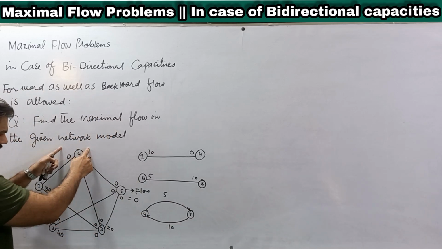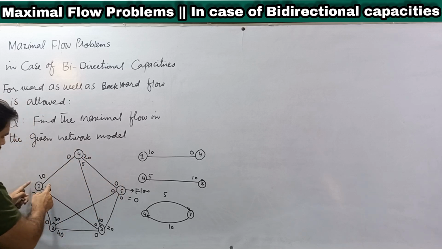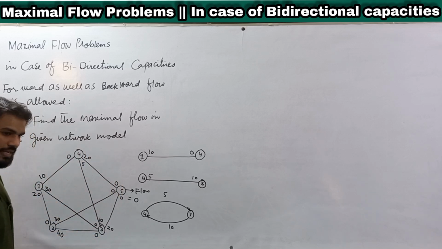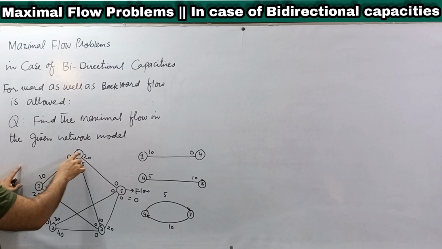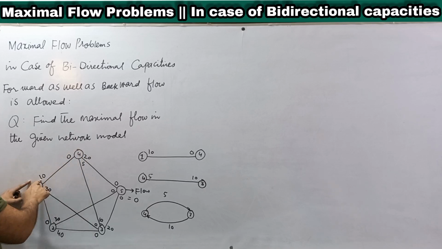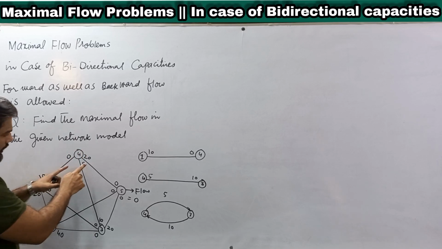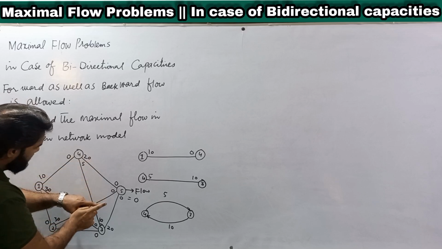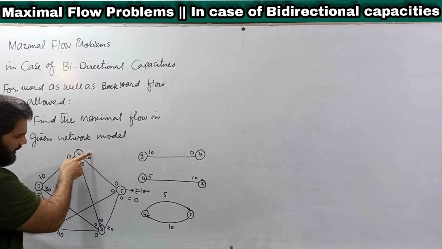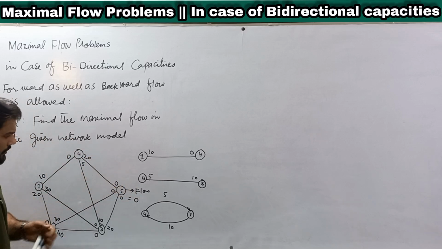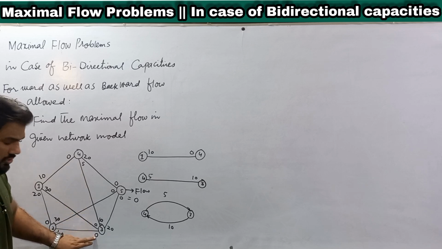Node 4 is attached here with node 5, node 1 and node 3 at the same time. So from node 1, node 4 has a 10 unit flow, and at the same time node 4 has a 5 unit flow from node 3.